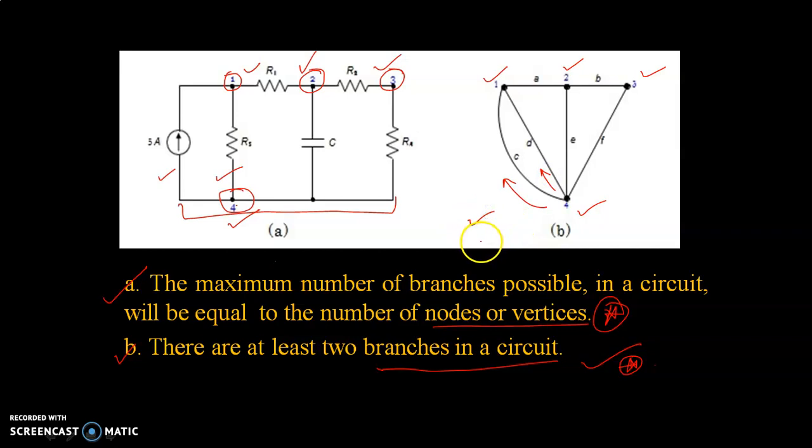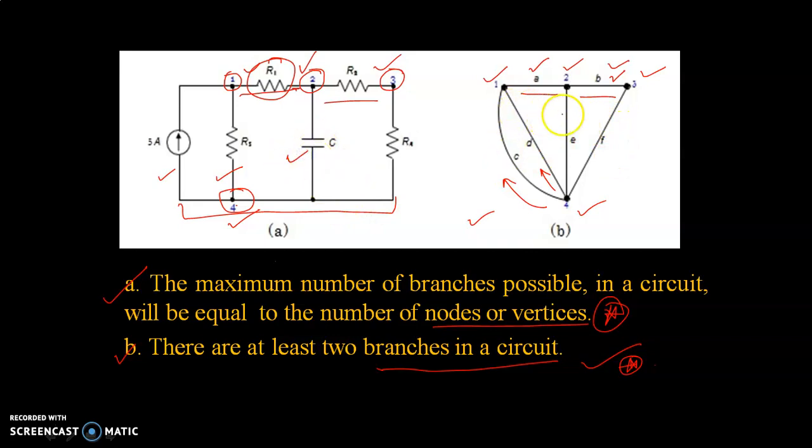We'll update this graph later on in this video. From 1 to 2, there is this one for R1. For the connection between 2 and 3, there is R2 represented by B here, and previously it was represented by A. In between 2 and 4, there is a capacitor.